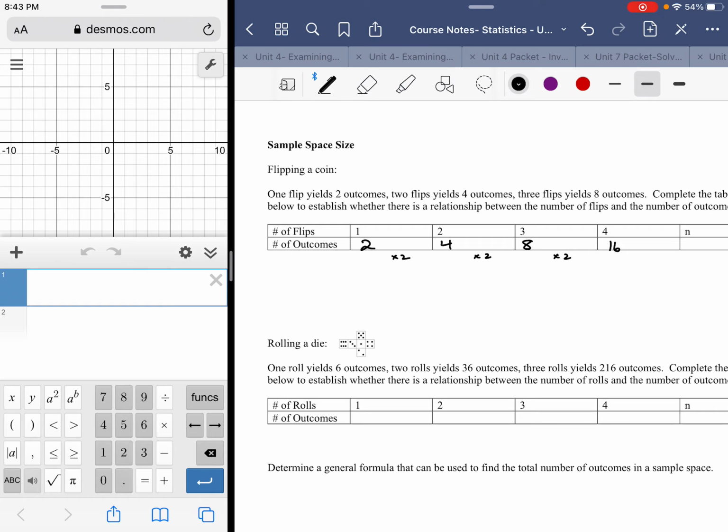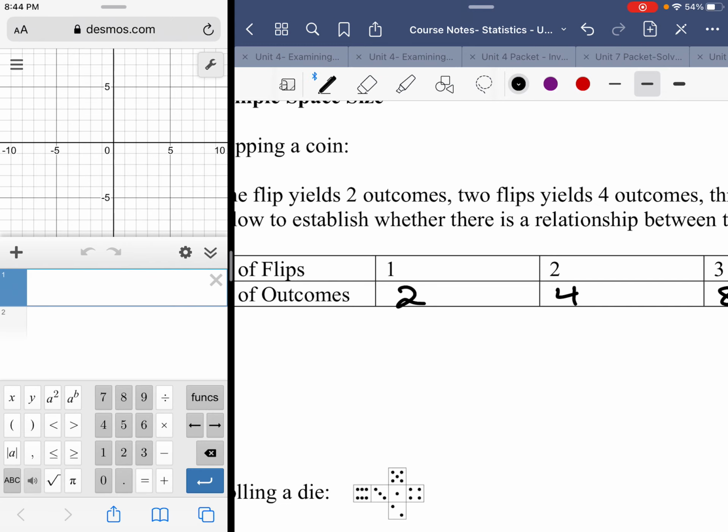All right, but we can actually determine what the value would be of the number of outcomes based off of the number of outcomes for a single trial, which would be 2. If I flip a coin, there's 2 possible outcomes, and the number of trials. So instead of looking at it in this regard, which is still correct, I could look at that just at this 2 and say, how do I get to the number 2? Well, I take 2 and raise it to the first power.